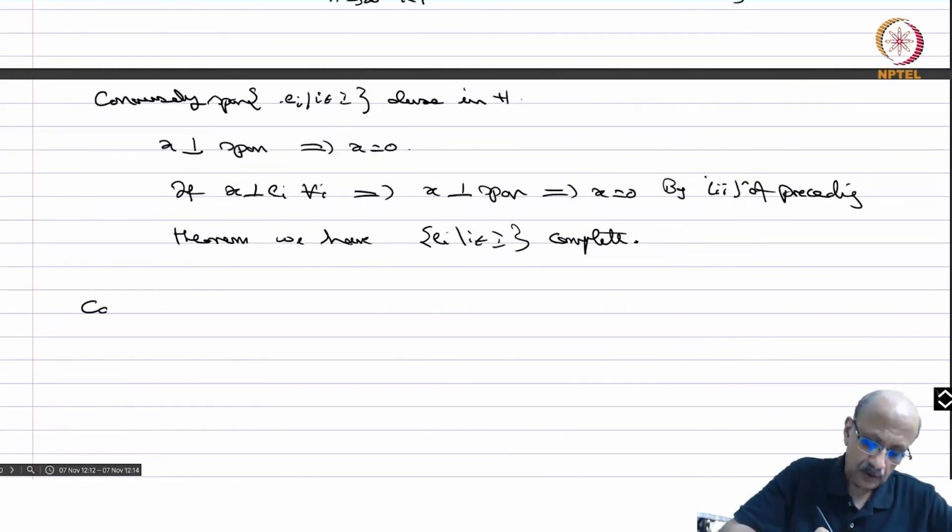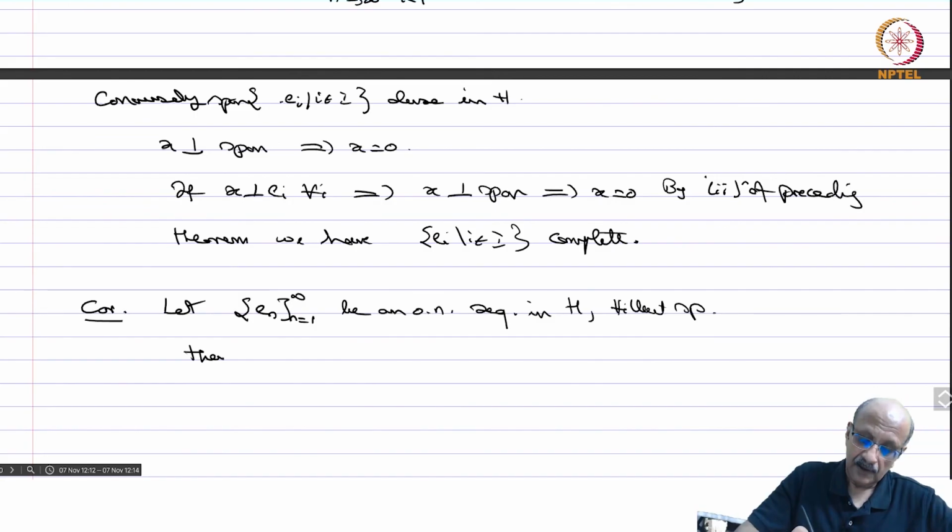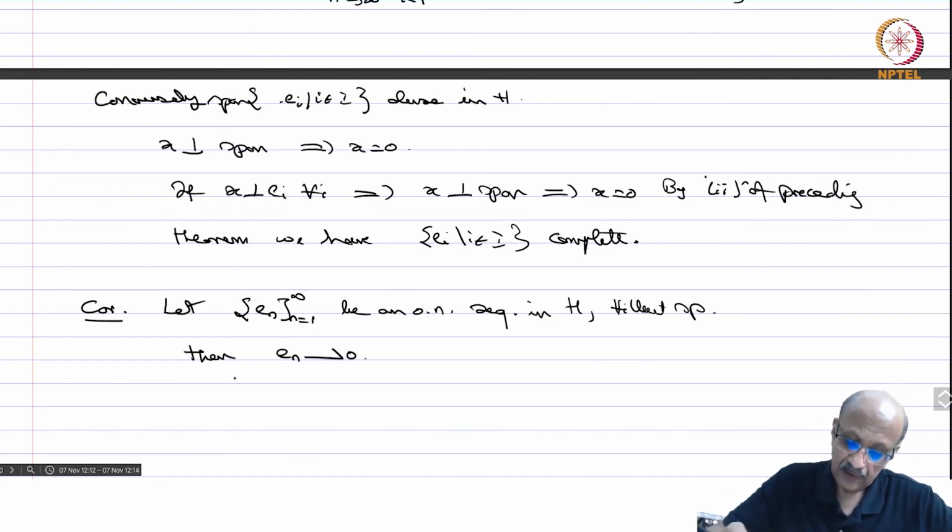One more corollary. Let e_n, n equals 1 to infinity, be an orthonormal sequence in H, H a Hilbert space. Then e_n weakly converges to 0. Proof.